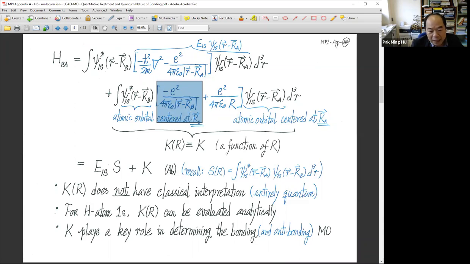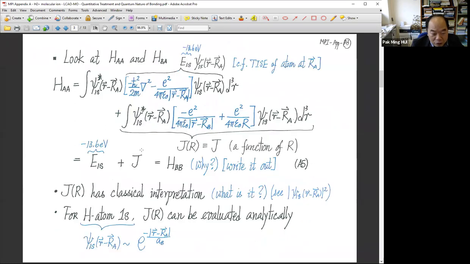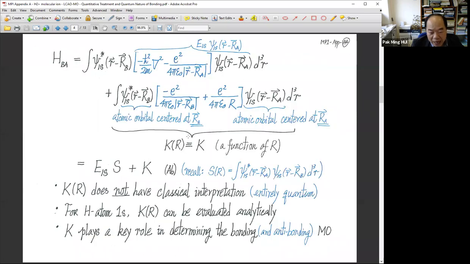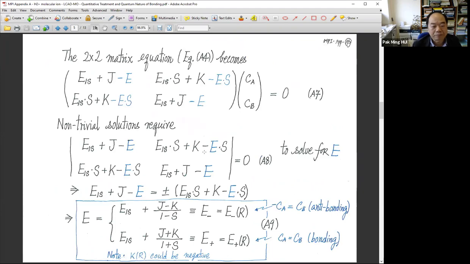All right. So let's see how K plays the role in bonding. Okay. So we have a J and we have a K. So let's write down the whole thing. I'm going back to the 2x2. Now, after working out HAA, so HAA is this.